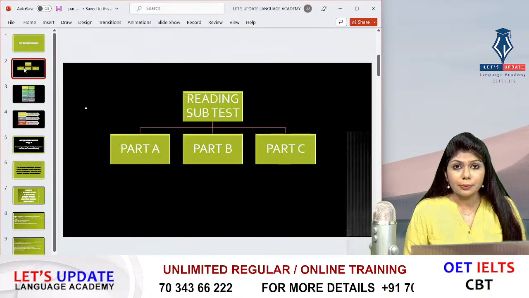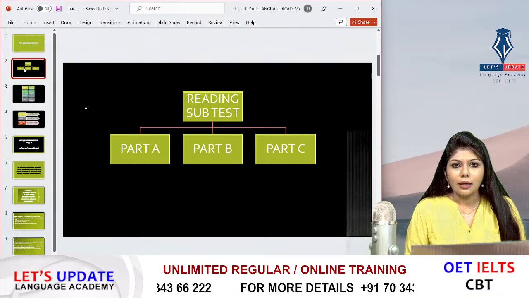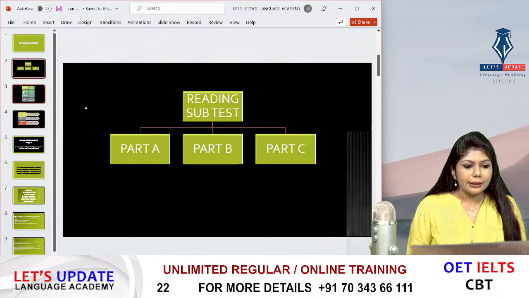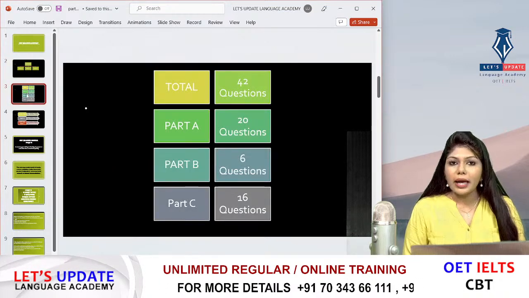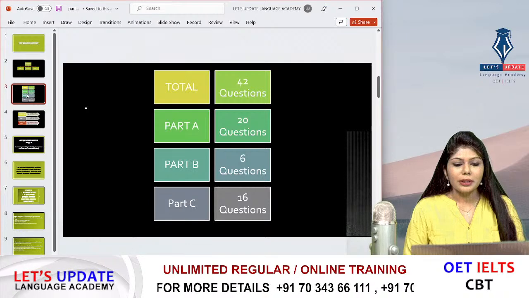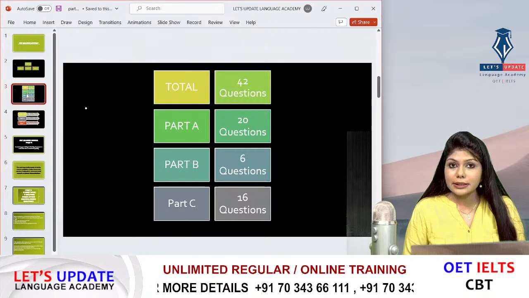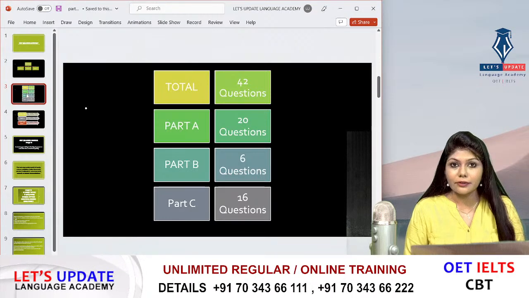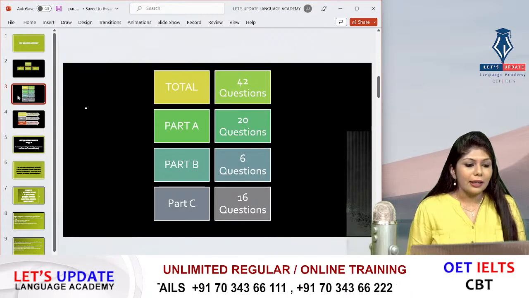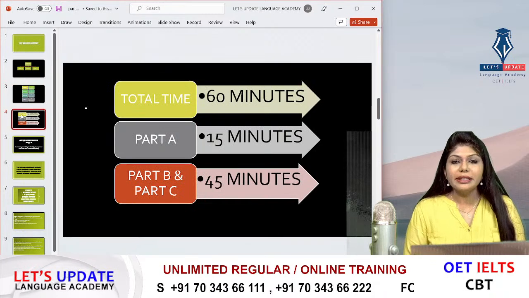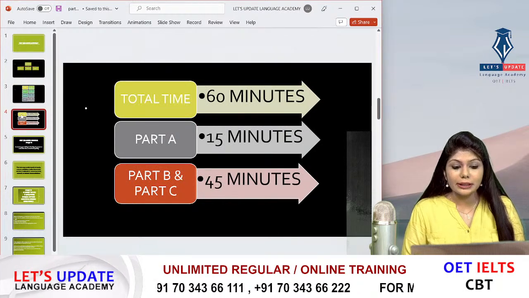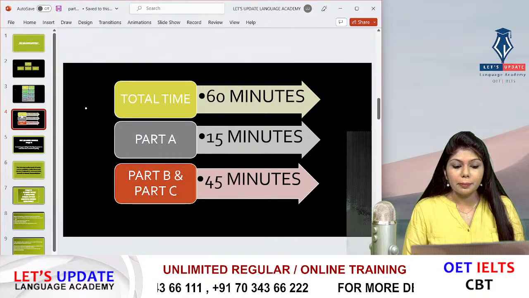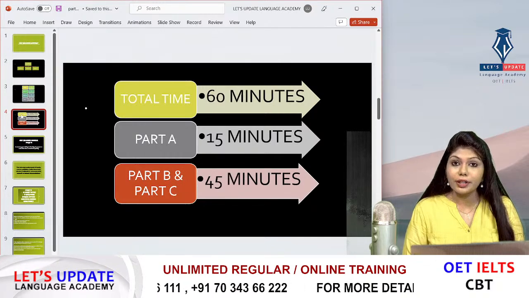The OET reading subtest is divided into three parts: part A, part B, and part C. You will have a total of 42 questions, with part A consisting of 20 questions, part B consisting of 6 questions, and part C consisting of 16 questions. You will be given a total time of 60 minutes, of which part A will be allotted 15 minutes and parts B and C together will be allotted 45 minutes.